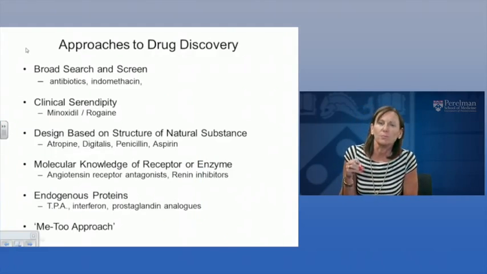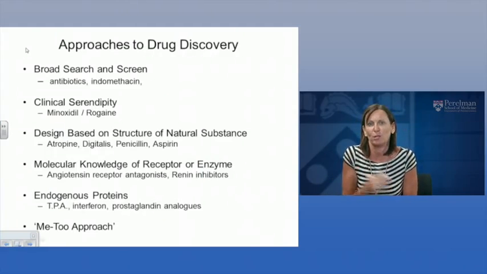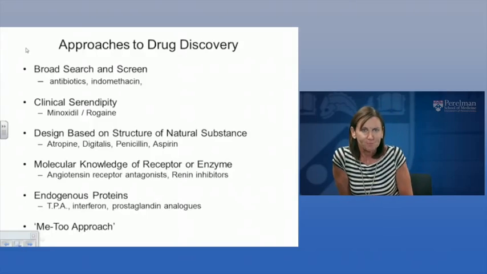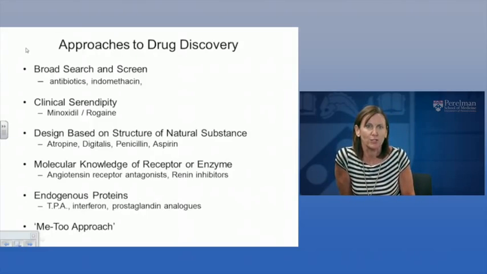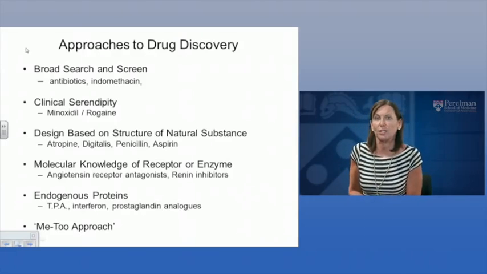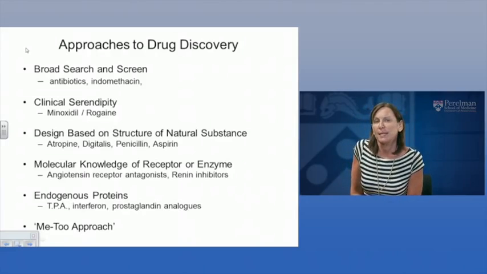So what are the broad ranging or the broad brush approaches to drug discovery? Well, this slide is not intended to be all-inclusive, but it gives you some examples. So the first is through these broad search and screen mechanisms. This could be through chemical libraries.